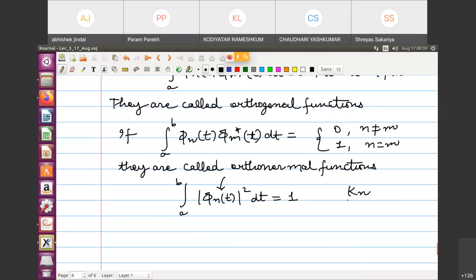So if it is k of n, then you have to scale each function by root of k of n. Means it is a possibility that here you get the result as k of n. And if you scale phi n(t) with its norm, that is divided by the root of it, then you will get 1 as the result of this integration. So then you can convert an orthogonal set to an orthonormal set.